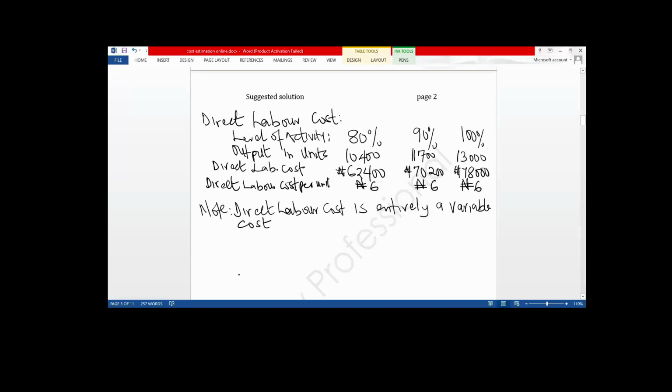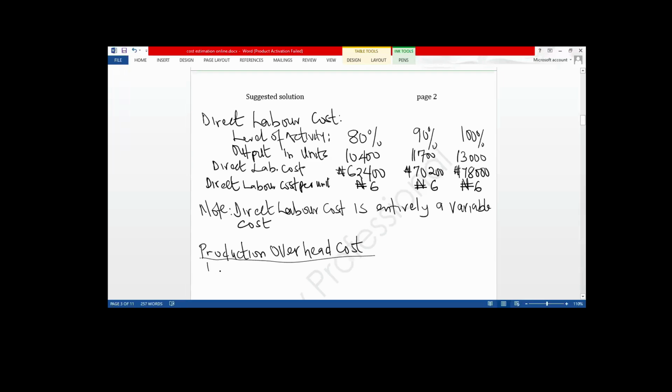Then you now move to production overhead. You know, in the question, we are given 3 costs. We have direct material cost, direct labor cost, and production overhead cost. So we are going to test. Now come here, let's test.